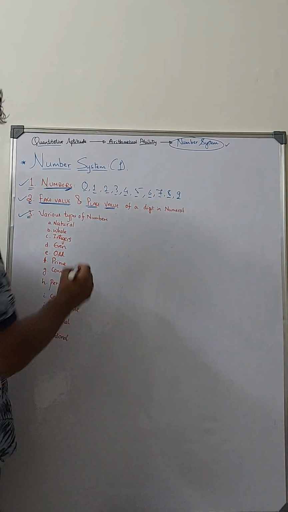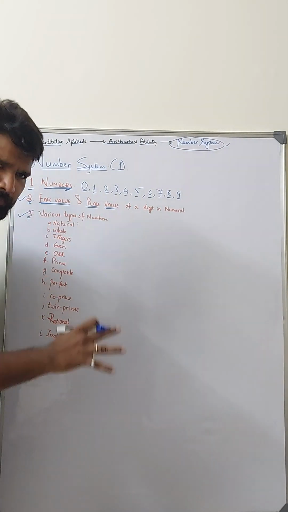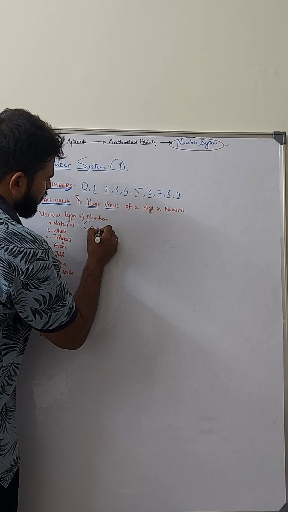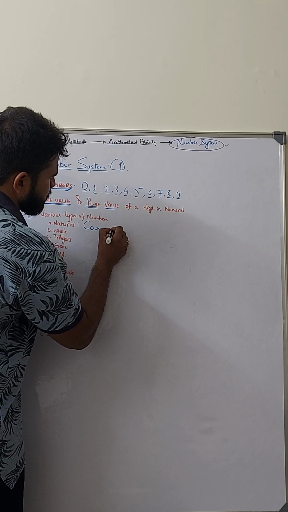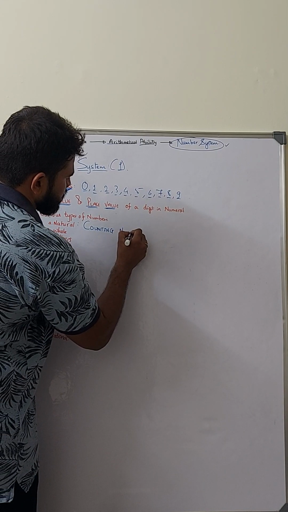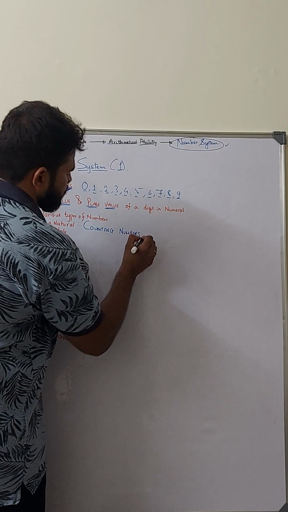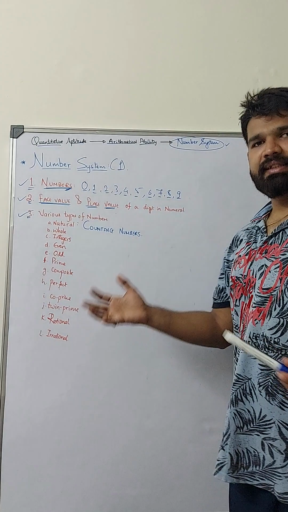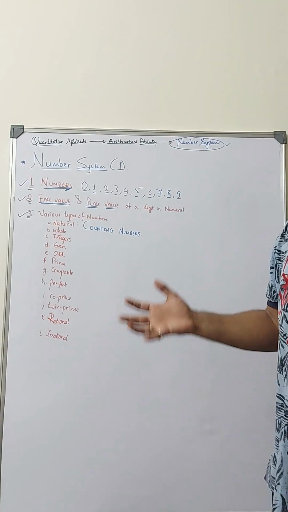So first of all, what are natural numbers? In simple words, counting numbers. Simple. 1, 2, 3, 4, 5, 6, 7, 8, 9.